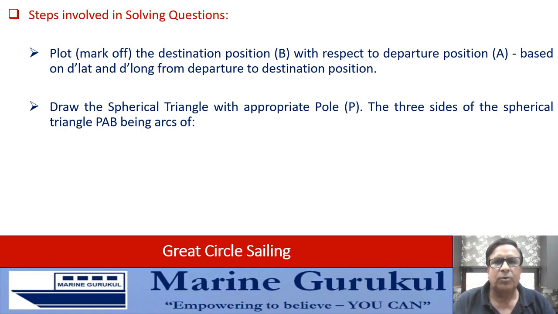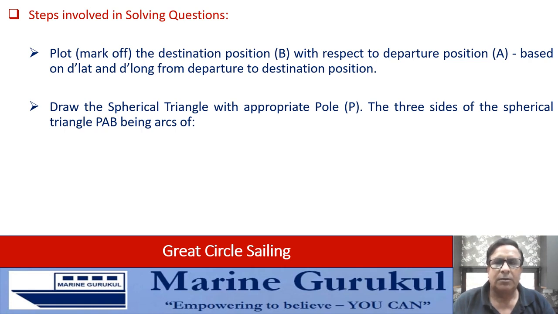Appropriate pole here means the pole towards which the great circle track shall present its convex part. We have already dealt with which pole the convex part would be presented towards, and to whichever pole we expect the convex part to be presented, that shall be the appropriate pole as far as making this diagram is concerned.